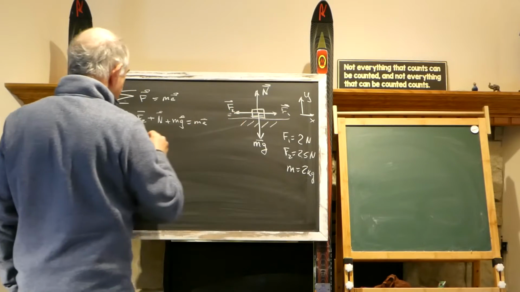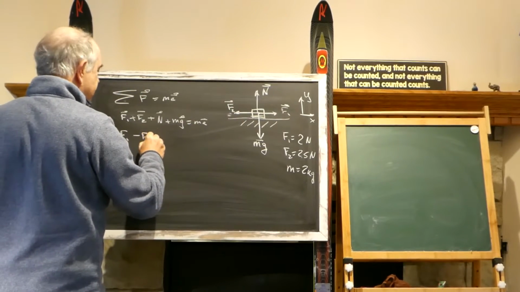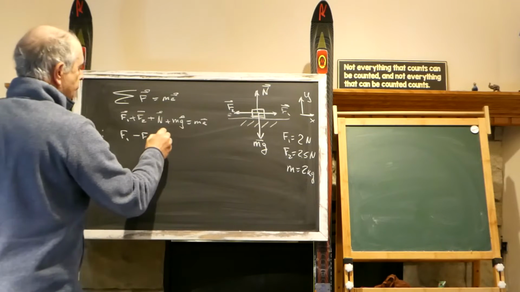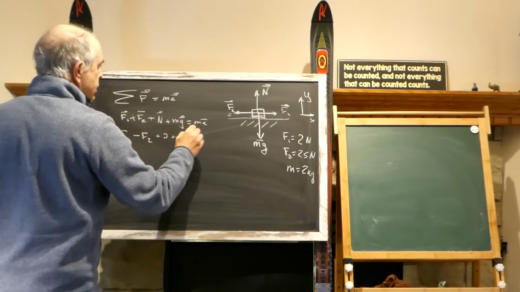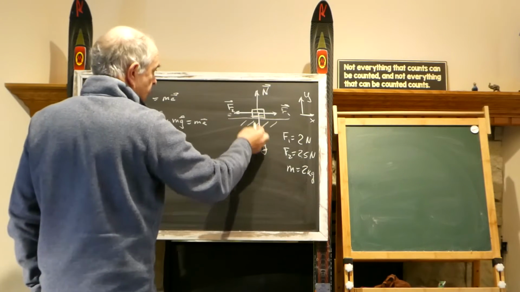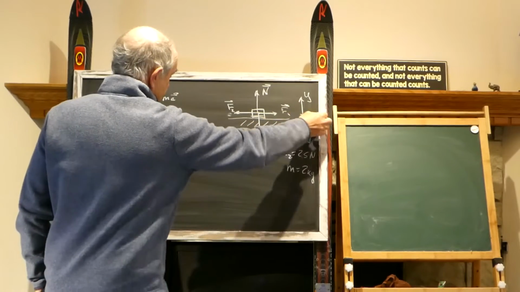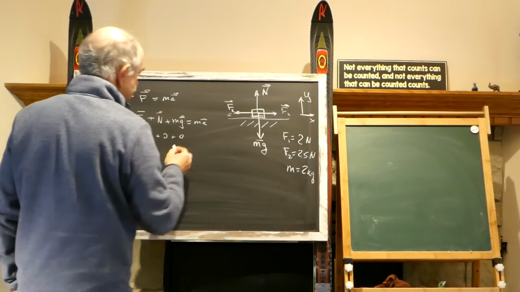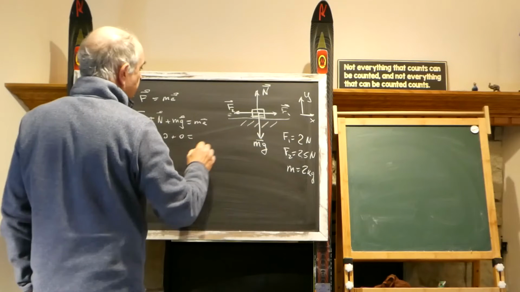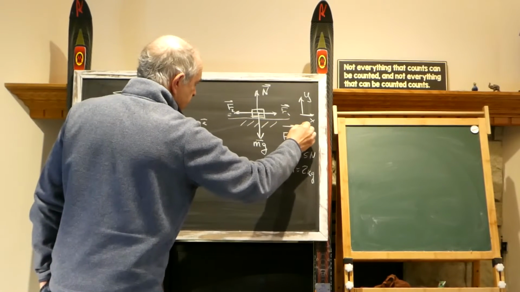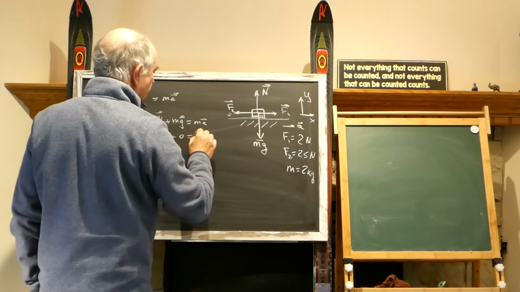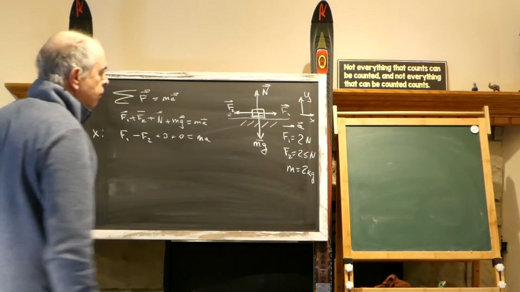F2 along the x, totally along the x, minus. And 0, mg 0, because N is vertical and mg is vertical and x is horizontal, so no projection on this axis. Equal, and of course we know that the body is moving with acceleration a in this direction, so ma.